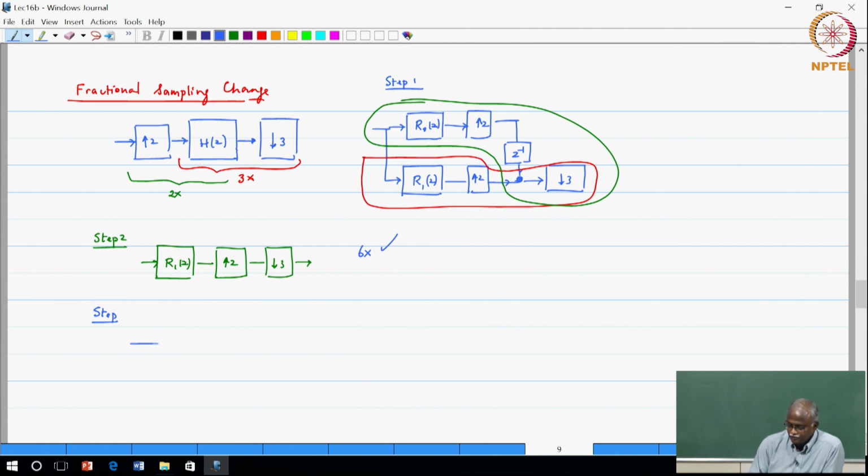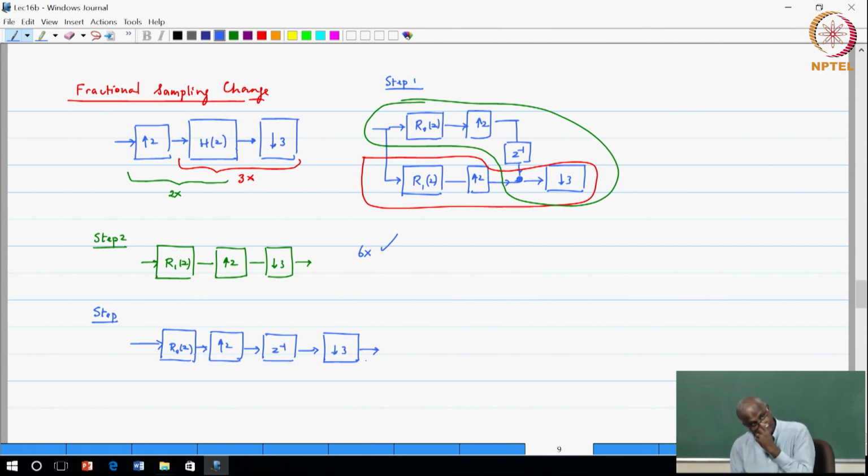Upper branch, it is R naught of Z followed by upsampling by a factor of 2, Z inverse, downsample by a factor of 3. Okay, that is the upper branch.